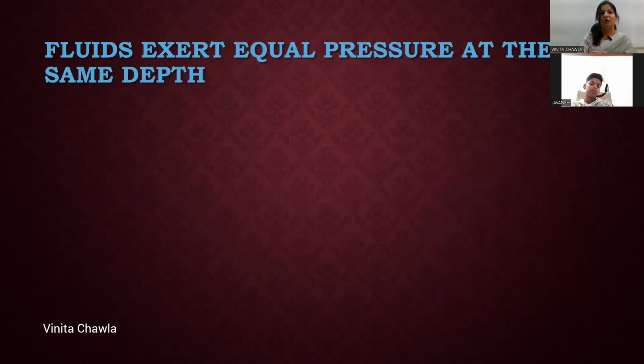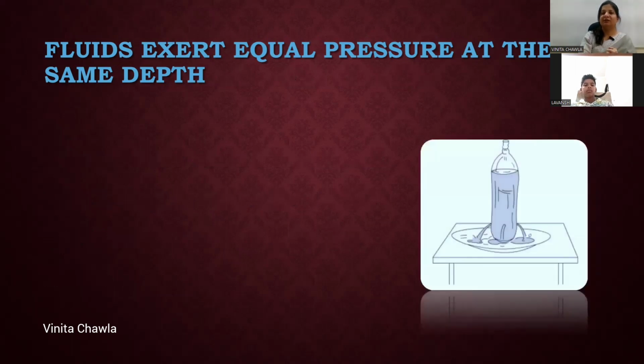Fluids exert equal pressure at the same depth. For this, we can do an activity. Here you can see in this picture, we have a water bottle and we have drilled holes at the same depth. Now you can see water is coming out through these holes with equal pressure.